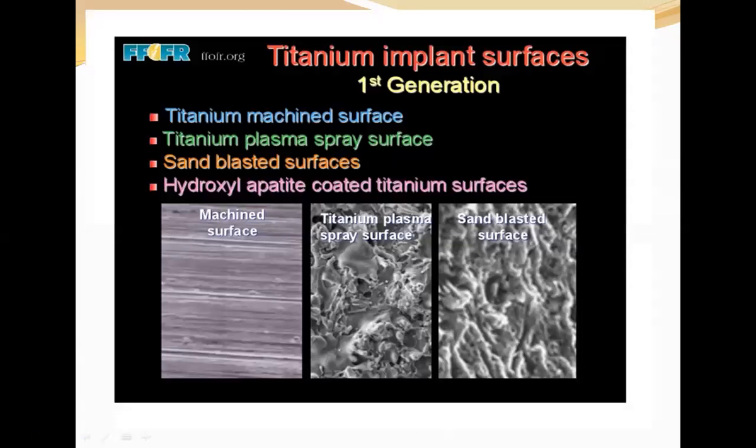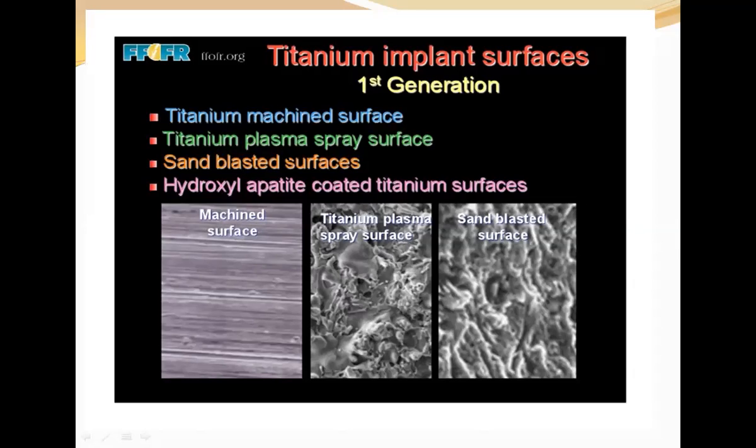So whatever we have done over the surfaces, we have two generations. In the first generation, what did we do over the surface of your implant? We did the mechanics, meaning machine surfacing. Initially we were only producing the threads. Then we applied certain sprays over your surface in order to enhance bone formation.